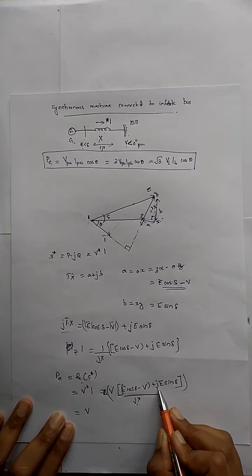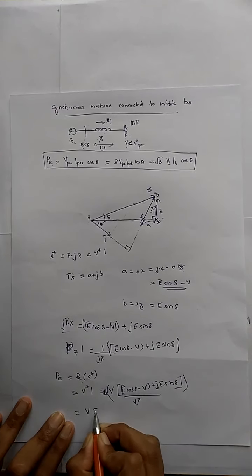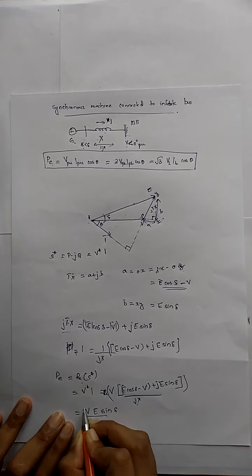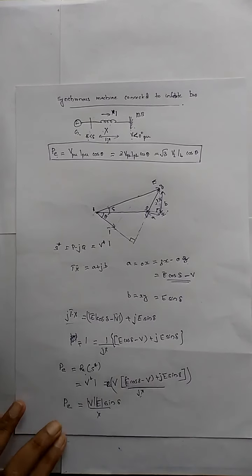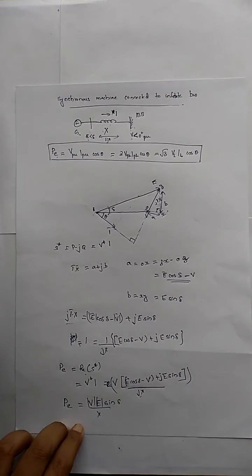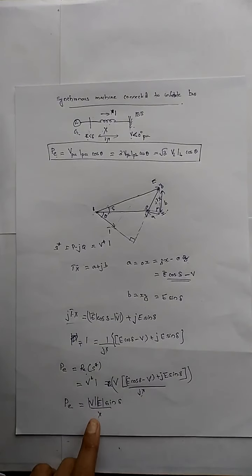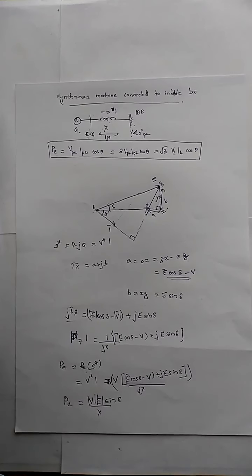Whereas we are considering the second term, this J and this J will cancel and the real term will be sin delta by X. Okay, so that's why we are getting the power equation PE is equal to V into E, receiving end voltage into sending end voltage, divided by X into sine delta. This is the power angle equation.